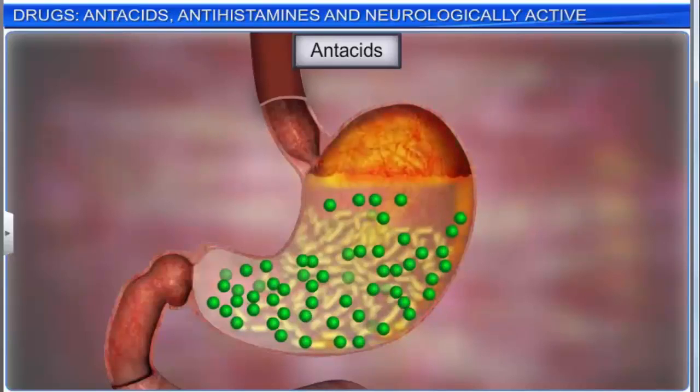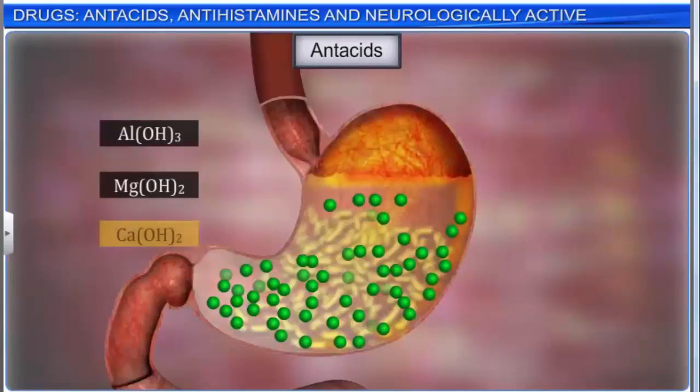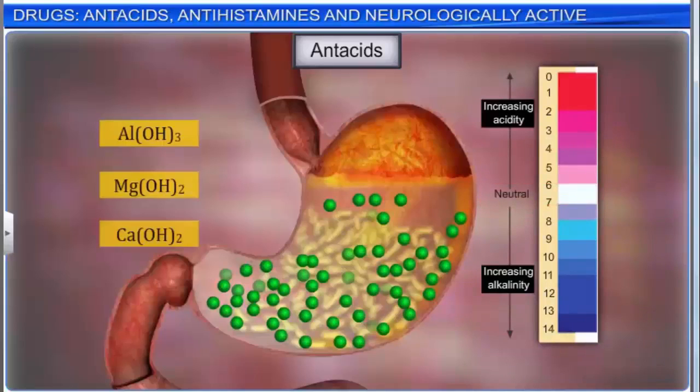Metal hydroxides such as aluminium hydroxide, magnesium hydroxide, or calcium hydroxide are a better treatment. This is because they are insoluble in water and do not increase the pH above neutrality. However, because of their mode of action, antacids address only the symptoms of excessive acidity, not the cause.